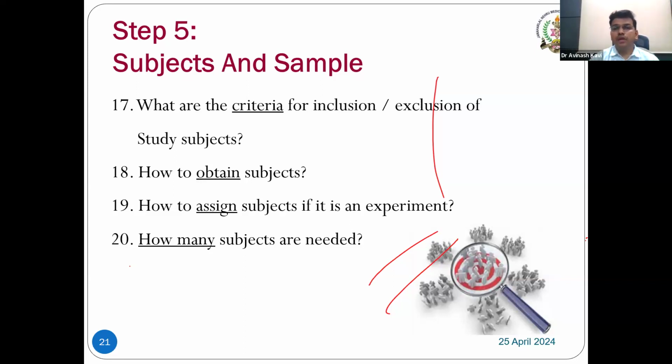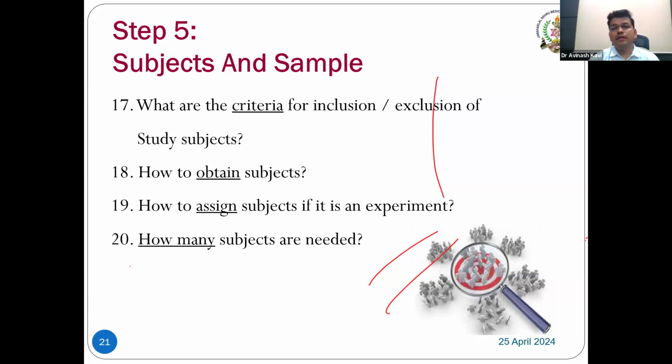Most of the times we also have a habit of writing the exclusion even when we don't have anything, the opposite of inclusion in the exclusion criteria, which is not accepted. It is not necessary, in fact. Secondly, if they don't give consent, that cannot be an exclusion criterion. Of course, as an ethical part, we are excluding them from the study, but we need not mention that in the exclusion criteria.